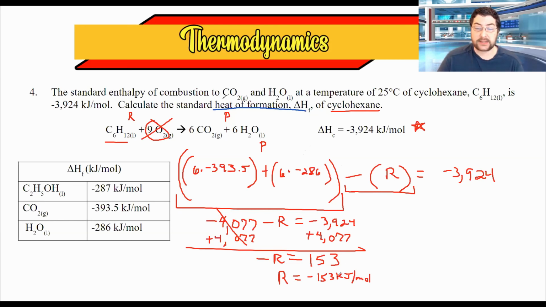So it's just negative 153 kilojoules per mole. It's not negative 153 kilojoules per mole of reaction, okay? When we put kilojoules per mole of reaction, that's when we're calculating a heat of reaction. If we're calculating a heat of combustion or heat of formation, then it's just kilojoules per mole.